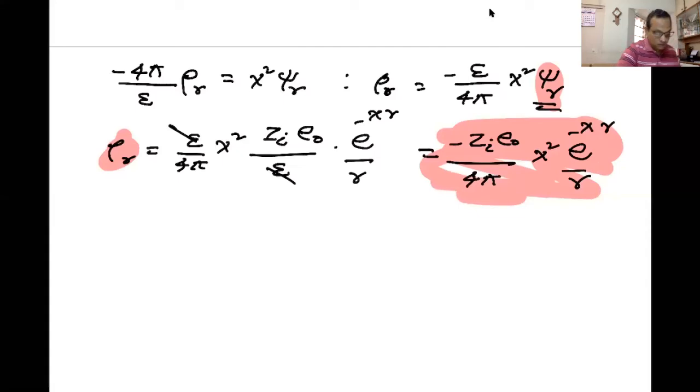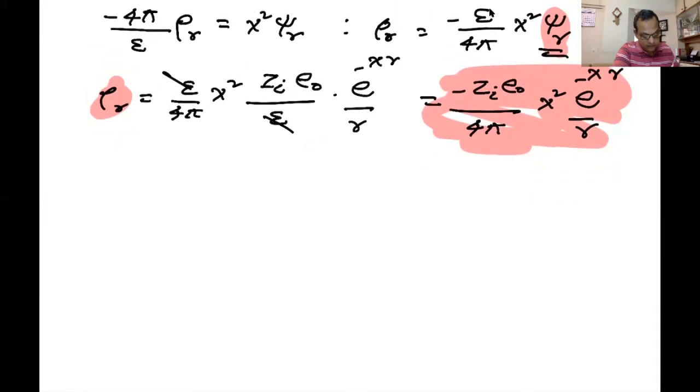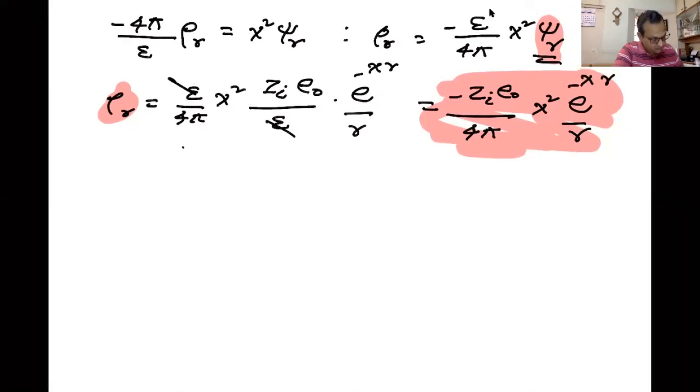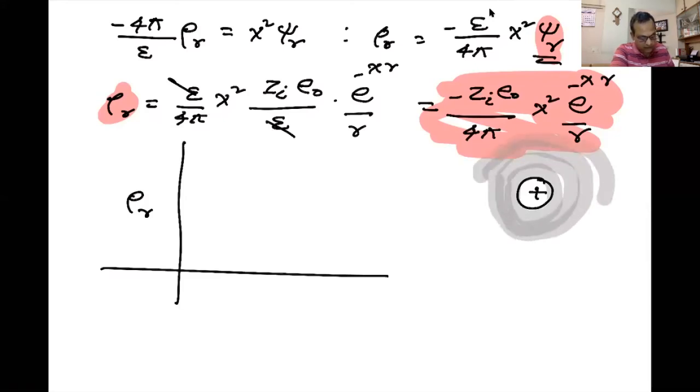Okay, what does this equation for rho r basically tell us? In fact, if I try to plot this equation, it shows the excess charge density around my reference ion. This is my reference ion, and there is a density around that reference ion of oppositely charged ions.